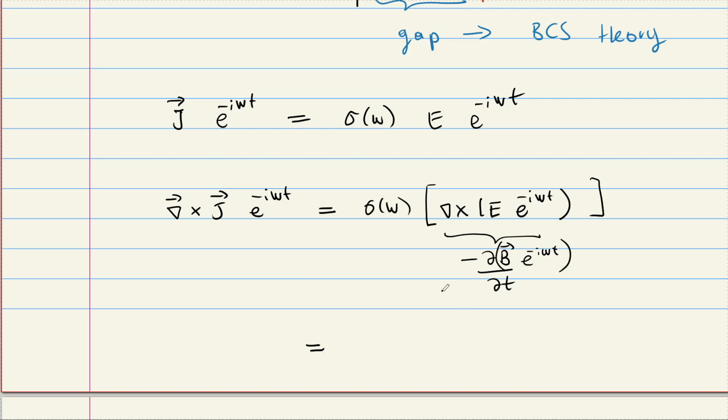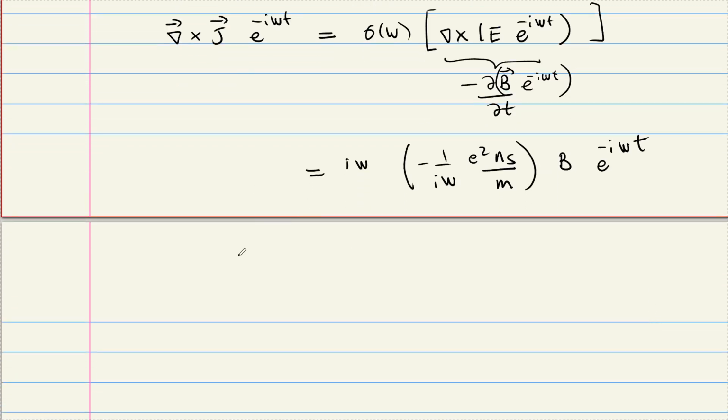And from here, what we obtain is i omega, and let's put also this minus 1 over i omega, what we derived earlier, e squared n_s over m. So this is tau inverse goes to zero limit of frequency dependent conductivity times B e to the minus i omega t.